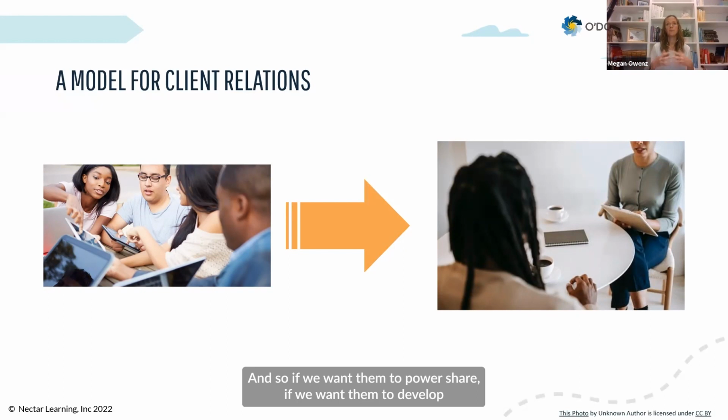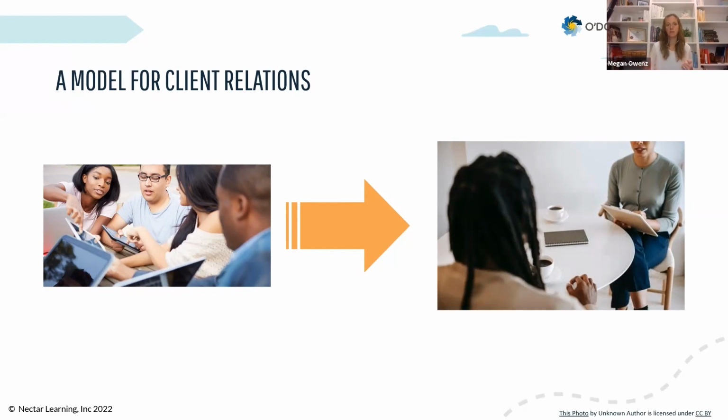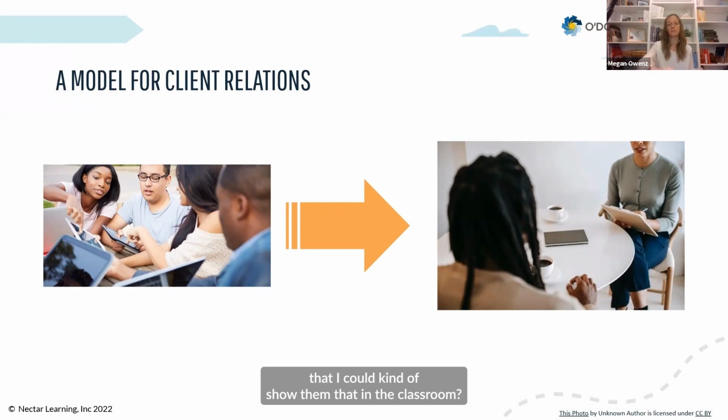And so if we want them to power share, if we want them to develop egalitarian relationships that acknowledge power and privilege and acknowledge their clients' or their consumers' expertise, then I think we've got to do that in the classroom, right? And so I was hoping that this was a model for why we do this and how we do this. How do you power share with a future client? That I could show them that in the classroom.